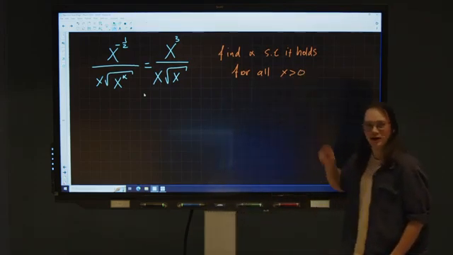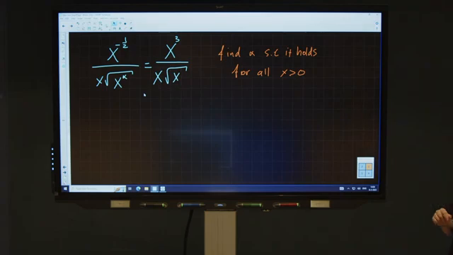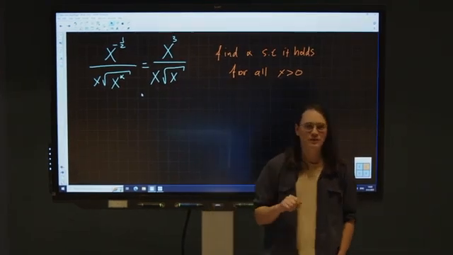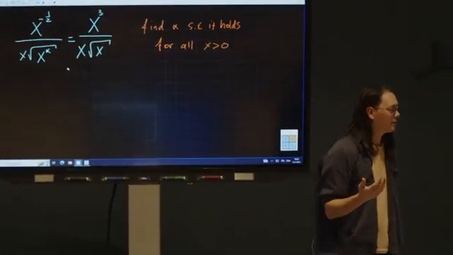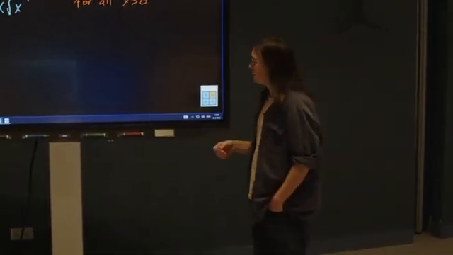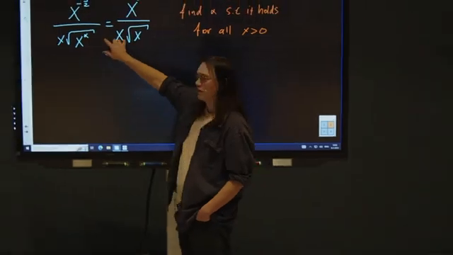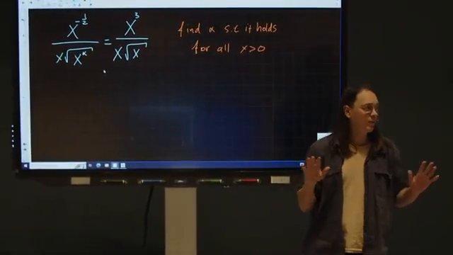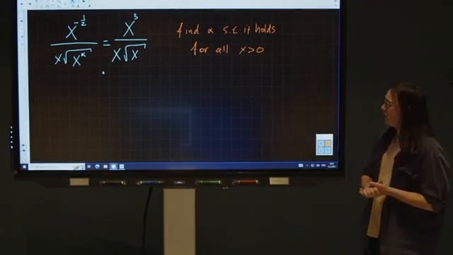The reason that we're looking at positive x here is because we also have some square roots, right? So that wouldn't make much sense if we had negative numbers, right? Plus we have some x's here in the denominator of a fraction, so that also wouldn't make much sense if x equals 0. So we better keep with positive x, but that's no problem.